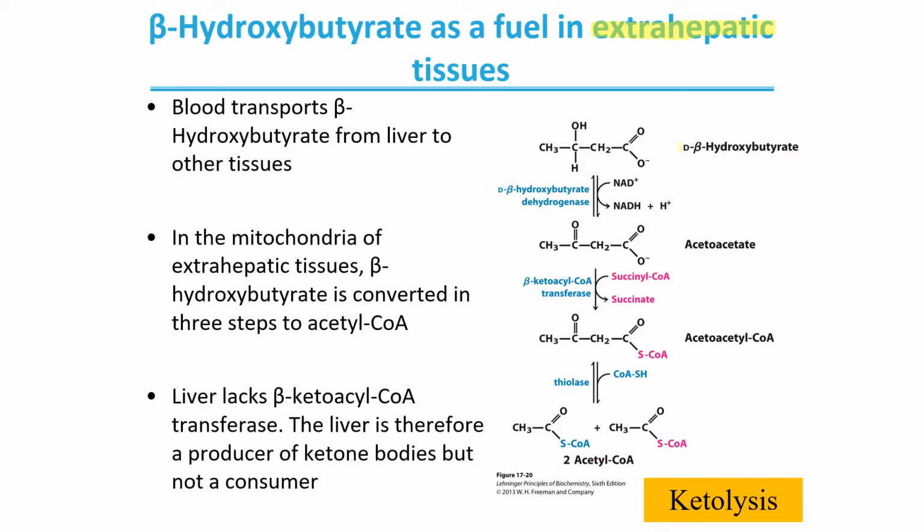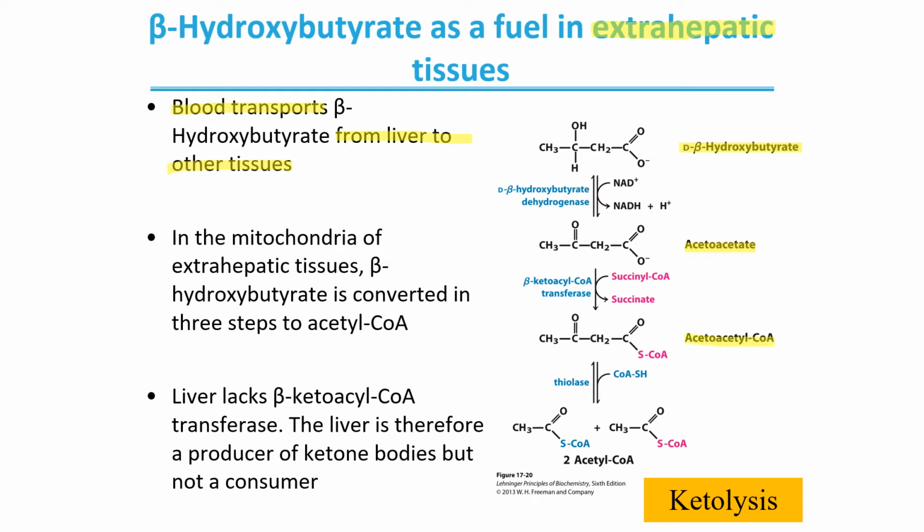Beta hydroxybutyrate is the main ketone body that will give energy to these organs. It is transported in the blood from the liver to the other tissues I just described, and in those tissues the enzyme dehydrogenase breaks it down into acetoacetate, and then acetoacetate is converted into acetoacetyl CoA.